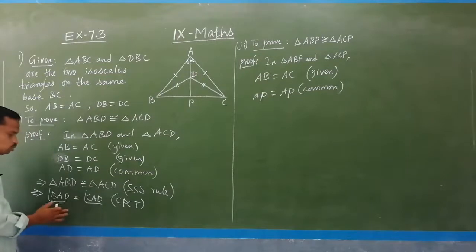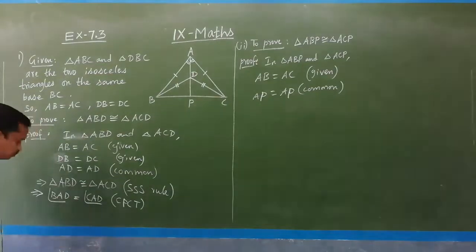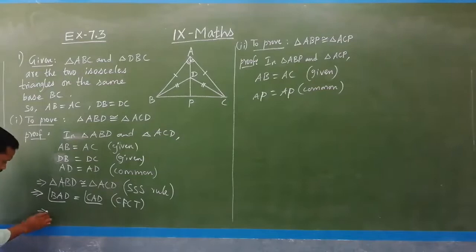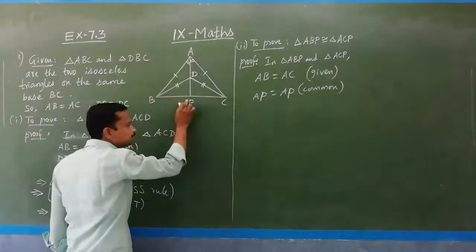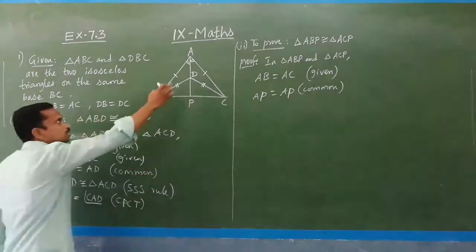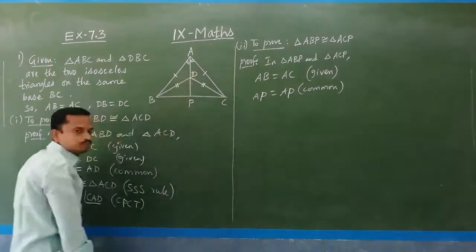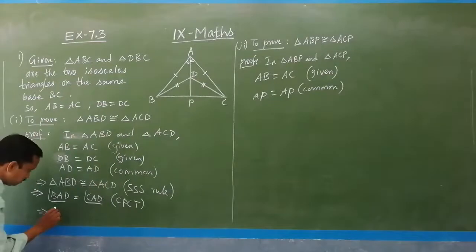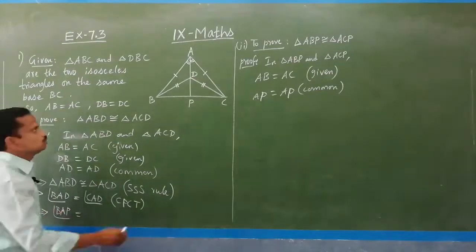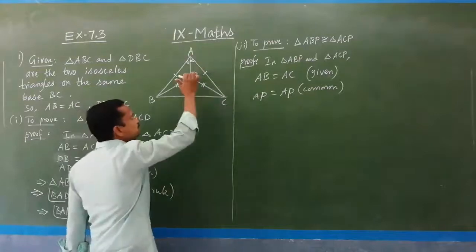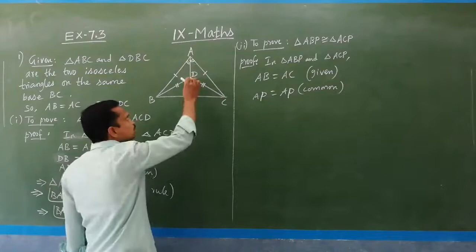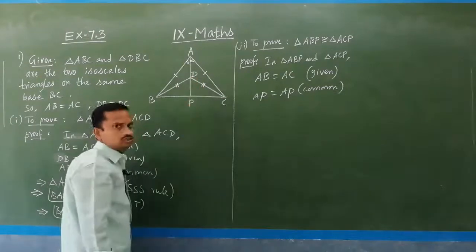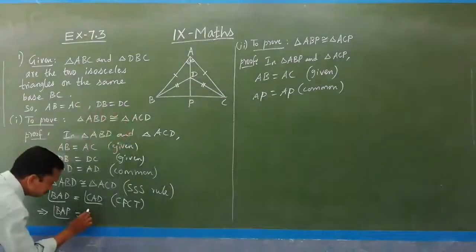Angle BAD is nothing but angle BAP, because AD is extended to P. Likewise, angle CAD is the same as angle CAP. The angle will not change, only the name from D to P is changing.